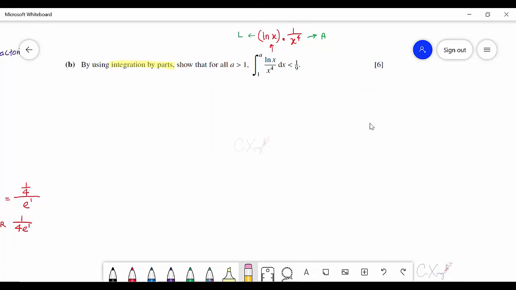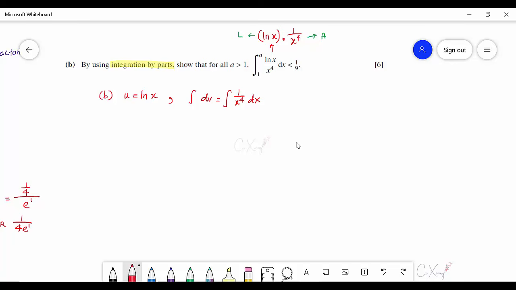So for part B, I will let u equal to ln x, and dv is equal to 1 over x power 4 dx.